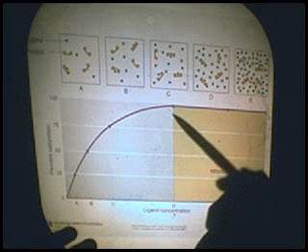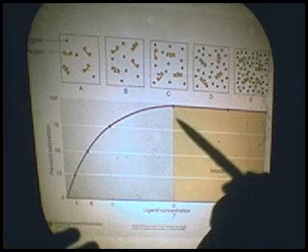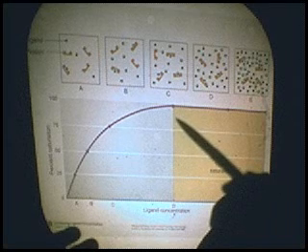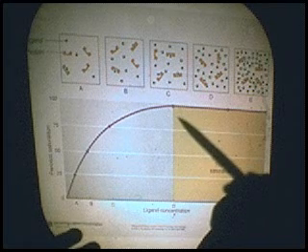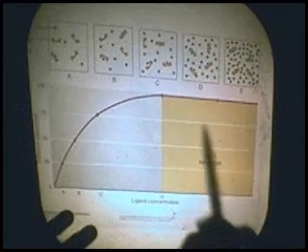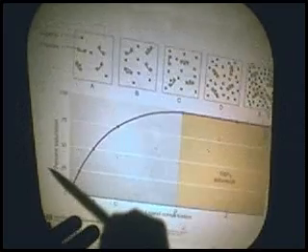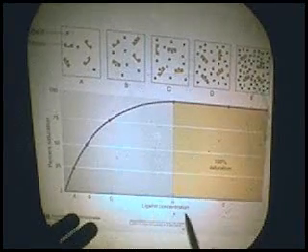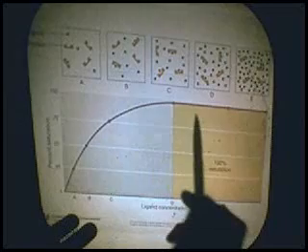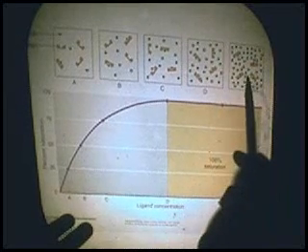Actually, in real life, in physiology, you hardly ever have 100% binding. But in this example, we have 100% binding. And as you can see, it doesn't matter when we increase the concentration of the ligand, the saturation doesn't change, because once it's full, it's full.